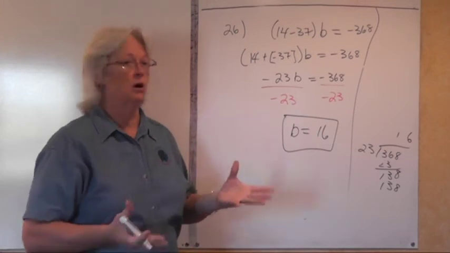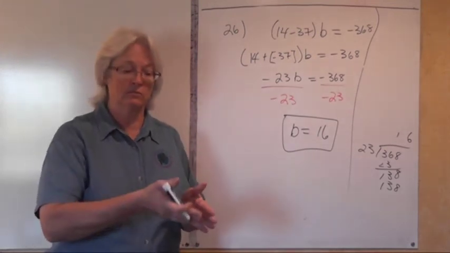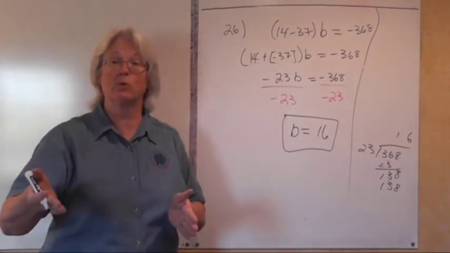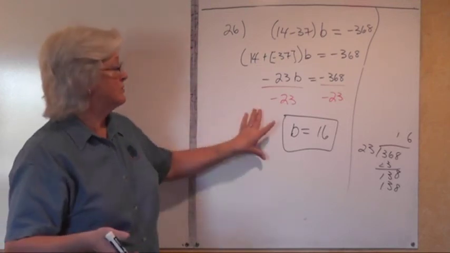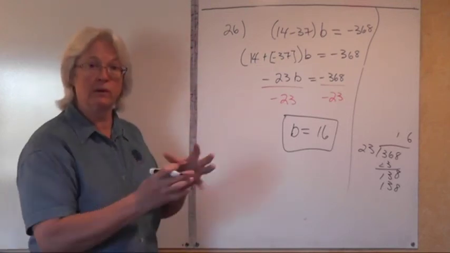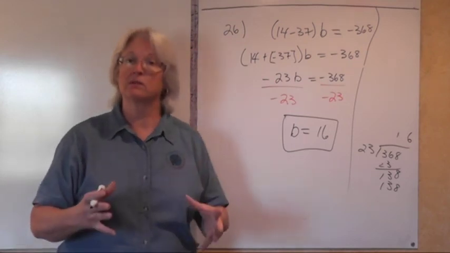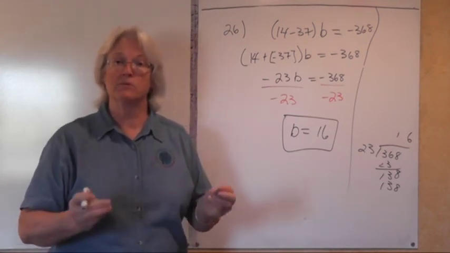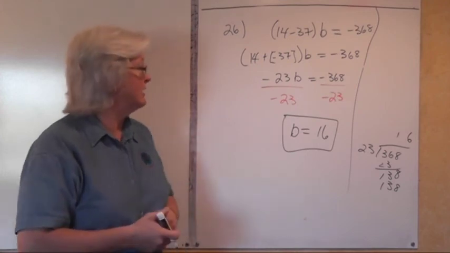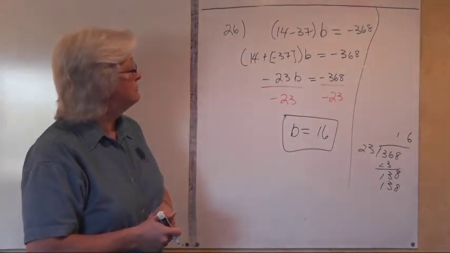This is all you're going to be doing. You have several steps that you may have to perform in the same equation, but we're just using the principle of following orders of operations. What happens when we add and subtract negative numbers? What happens when we multiply and divide negative numbers as well?